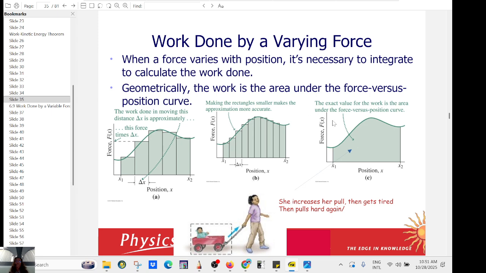So if you have a graph of f(x) as a function of x, you just need to find this integral, this area under the graph. Just a definition: integral means the area. So the work done will be this area here. Yes or no? You say yes, yes. Yes, right? Okay, and do you remember Hooke's law?